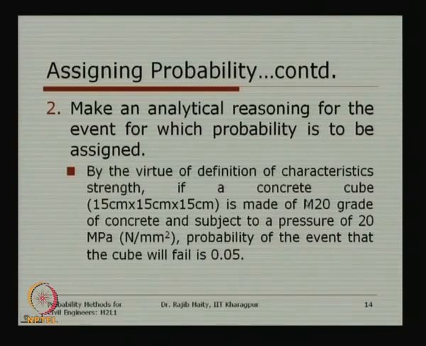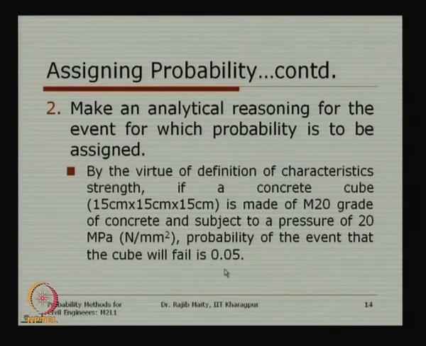By definition, this grade gives a characteristic strength. If a concrete cube of dimension 15 centimeter by 15 centimeter by 15 centimeter is made of M20 grade concrete, and the cube is subjected to a pressure of 20 megapascal, Newton per millimeter square, then the probability of the event that the cube will fail is 0.05.